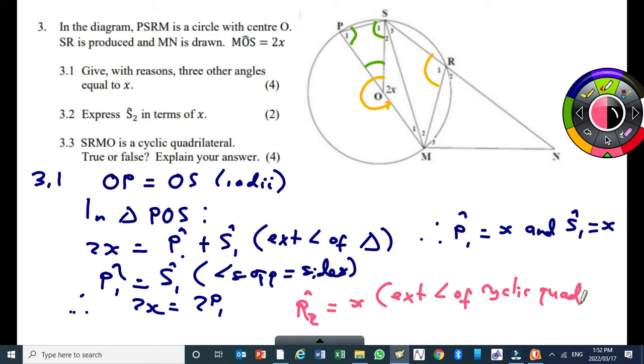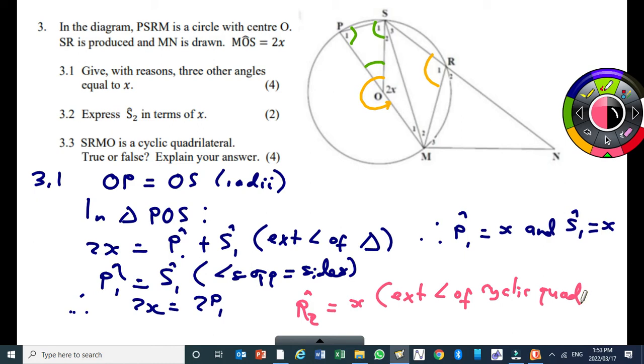Then the whole angle S1 plus S2 is equal to 90 degrees because it's an angle subtended by a diameter. You following that? Please be part of the lesson. So you determine S2, you subtract S2 from 90, and you will get S1. Since POS is isosceles, S1 is equal to P1, then you can carry on that way.